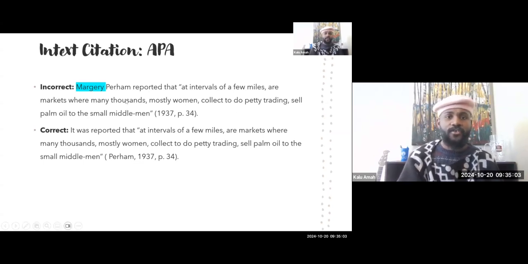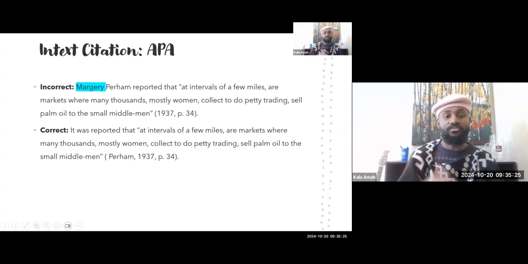All right. In the absence of other questions, like I said, I'm always open for you to pop in and ask questions. So let's look at this incorrect in-text citation, say Margaret Perham. You don't bring in the first name of the author, like I said. Then this is the correct way.